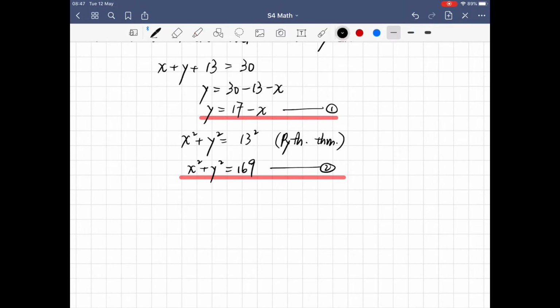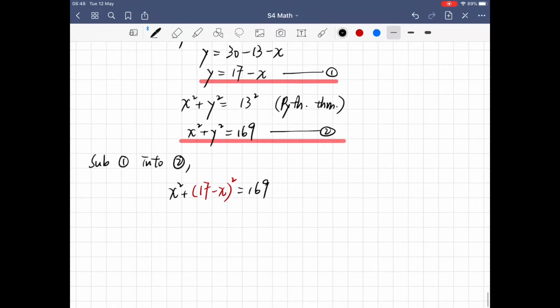Okay, so we can substitute 1 into 2. Okay, so we have x squared plus (17 minus x) squared equals 169.